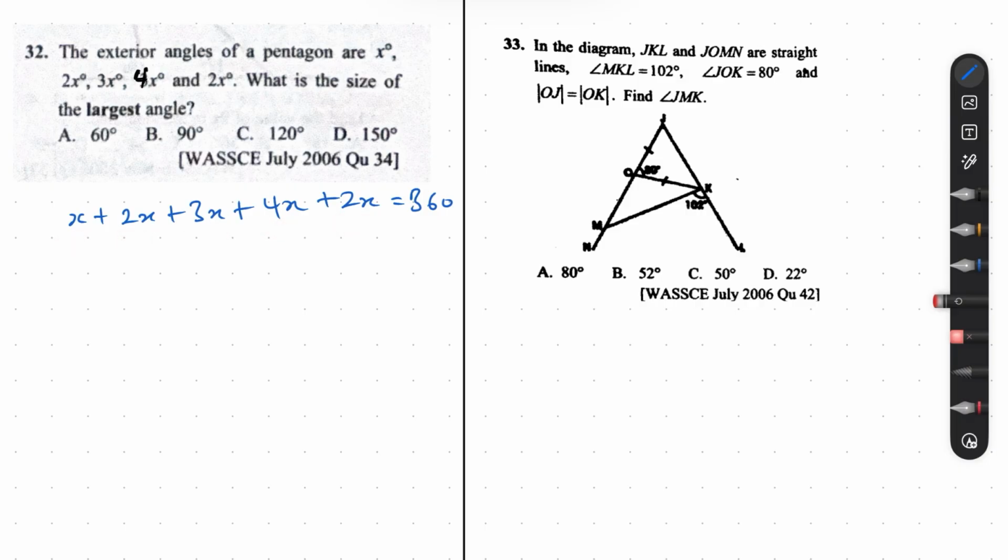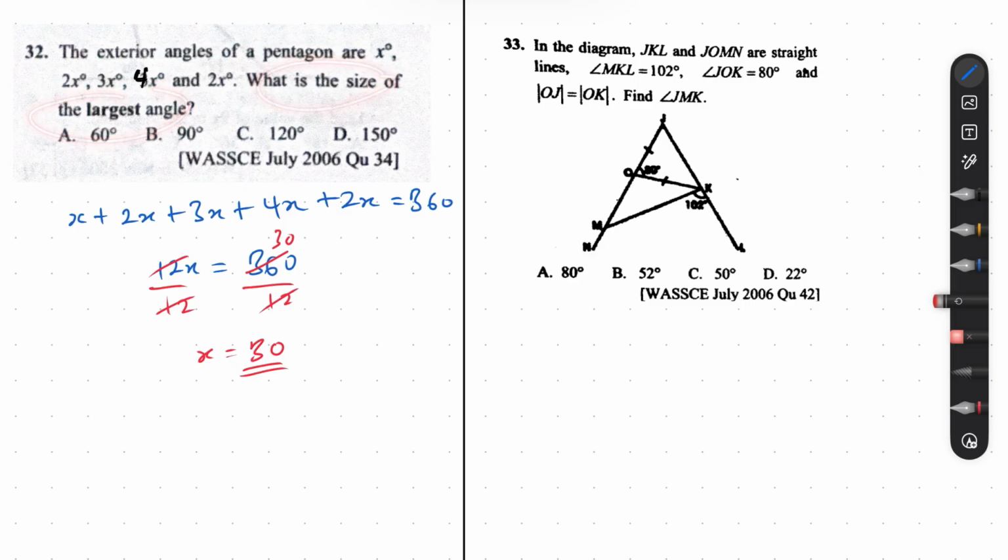So we have 12x to give us 360. If we divide both sides by 12, 12 cancels out, and here it gives us 30. So x is equal to 30.